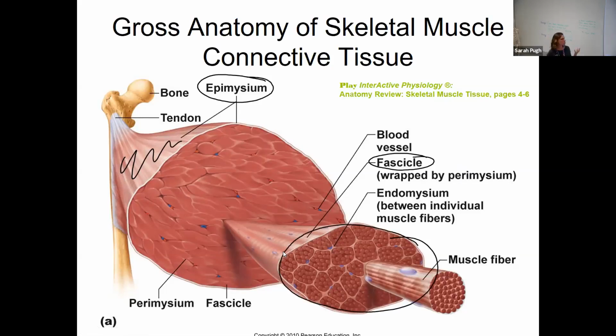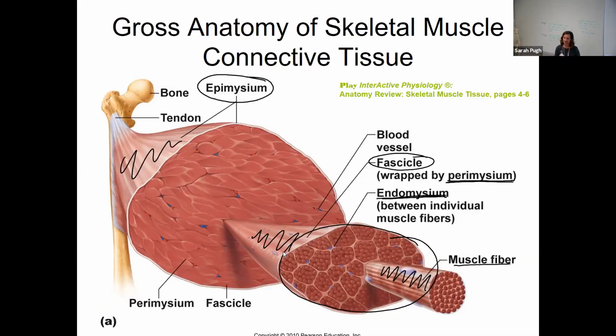And I told you a muscle fascicle is a bundle of muscle cells. Kind of looks like a bundle of twigs. And so wrapped around the fascicle is that perimysium. Okay, so that's that white coating around the outside of the fascicle. Now, if we look inside the fascicle and we pull out one of those muscle cells, one muscle fiber, wrapped around the outside of that muscle fiber is the endomysium, right?